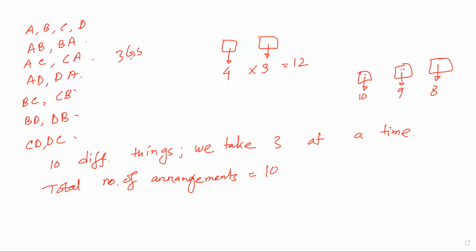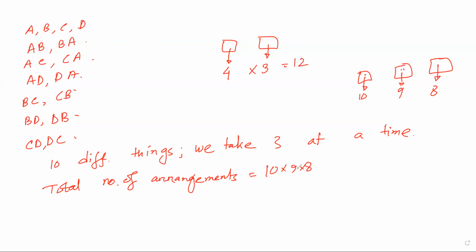We were not adding extra G's. Understanding my point? Because whenever they say that you can use this A twice or thrice, or B twice or thrice, the equations and the answers change. However, this will be equal to 10 times 9 times 8.